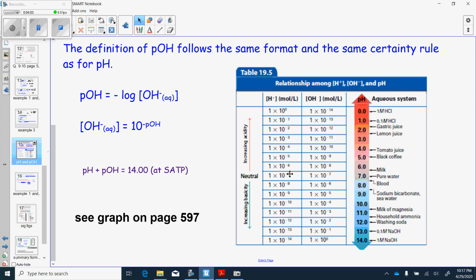But as the concentrations of H positives go up, now be careful, because they're negative exponents, the exponents are actually decreasing, right? An exponent of -1 is a lot bigger than an exponent of -5. So be careful with this. It looks like our numbers are going down, but in fact, the concentration of hydrogen ion is going up.